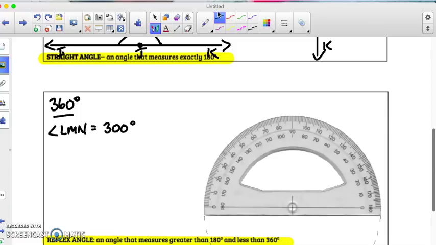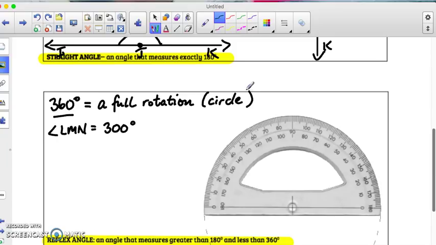Think to yourself, what is significant about 360 degrees? Now, you're thinking it is a full rotation or a circle, right? Okay. So you're using that idea to come up with a way to construct a reflex angle measuring 300 degrees.